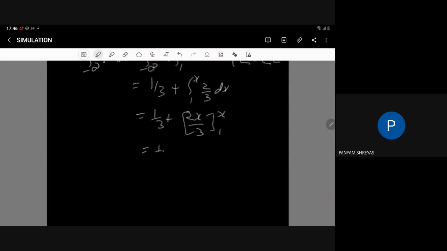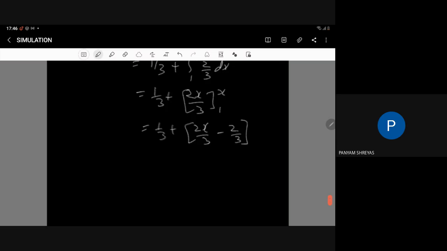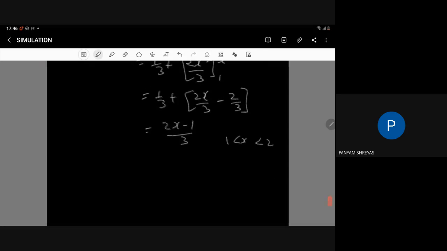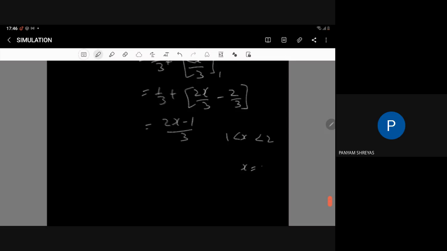It will become 1 by 3 plus 2x by 3 minus 2 by 3, so it will come 2x minus 1 by 3. This is for x greater than 1 but less than 2. When we put x equal to 2, it will give you 1.